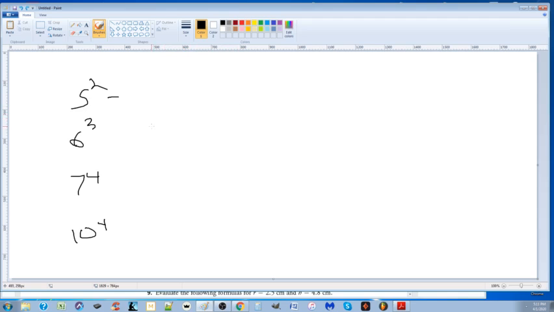So when we see 6 to the 3, right away we're not going to know what it is, and I don't expect you to. It's why we have a calculator that has an x to the y button where you can punch in x, then hit this button, punch in your exponent and hit equals, and it will spit out the answer. But in this case, 6 to the power of 3 simply means 6 times 6 times 6.